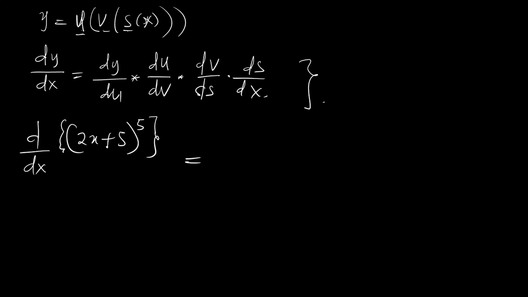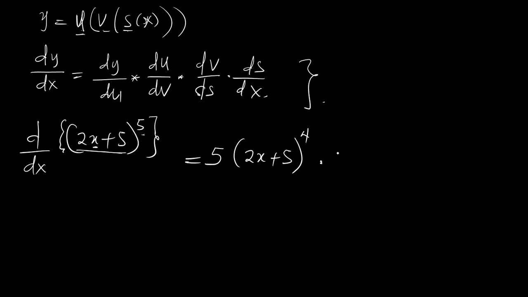Now this is a function. The whole of this is also a function. So differentiating this whole function, you bring the exponent out here, you say 5 into (2x plus 5), then you subtract 1 from the exponent, which is 4, times the derivative of the inside with respect to x.